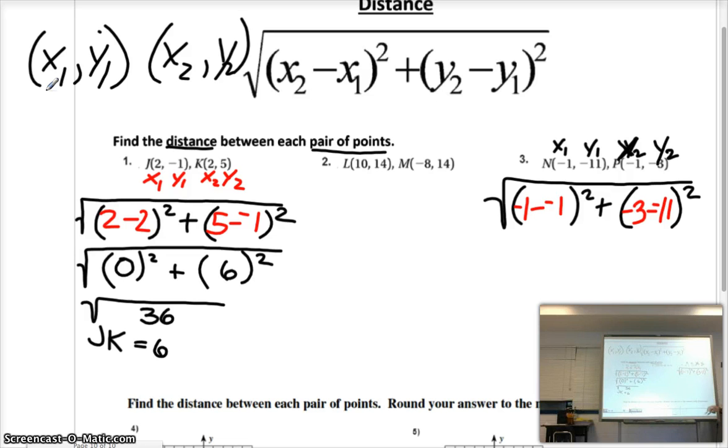Okay, now let's evaluate this. What's negative 1 plus 1? I'm at negative 1 and I go over 1. What is negative 1 plus 1? 0. Be very careful. If you don't know that, your calculator can do it.